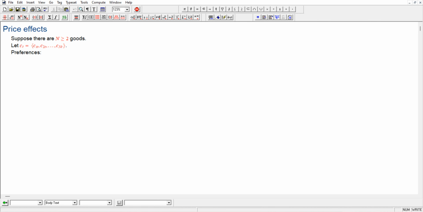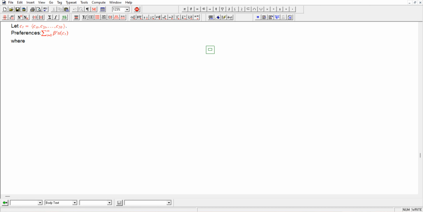Preferences of these agents will be the usual, where the agents discount the infinite expected sum of utility of the consumption bundle. But of course, as mentioned, the intertemporal part of this isn't very interesting, at least not now.